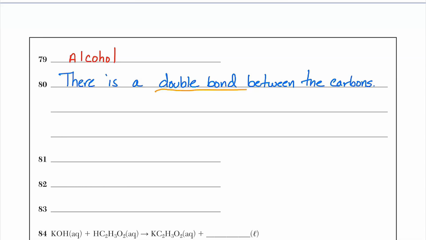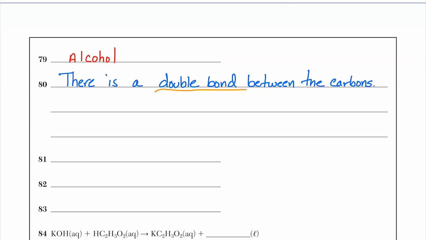When you have a double or a triple bond, you could say that the molecule has a multiple carbon-carbon bond. Same idea, so many ways to say it, but the bottom line is they wanted you to answer in terms of the bond between the carbons. So being unsaturated means that you have a double or a triple bond. In this case there was a double. Don't say there was a triple bond, because that would be wrong. So a multiple carbon-to-carbon bond or a double bond would work here.